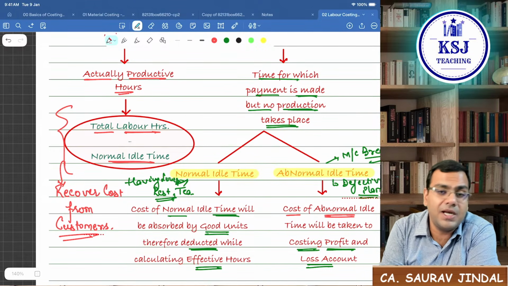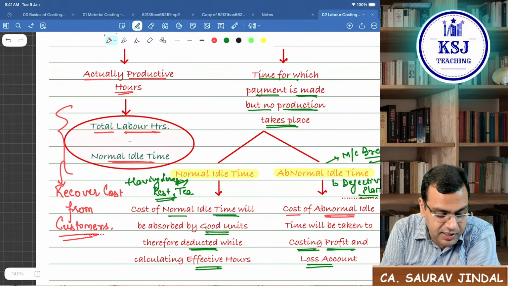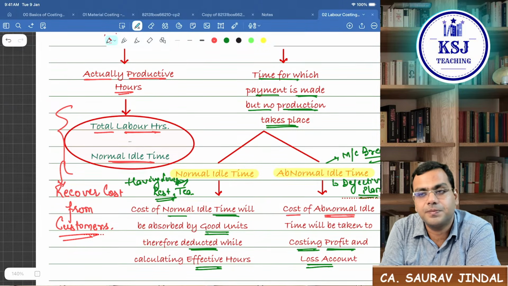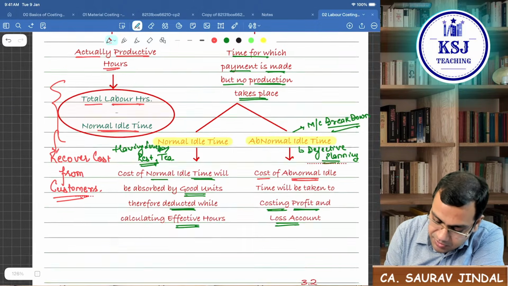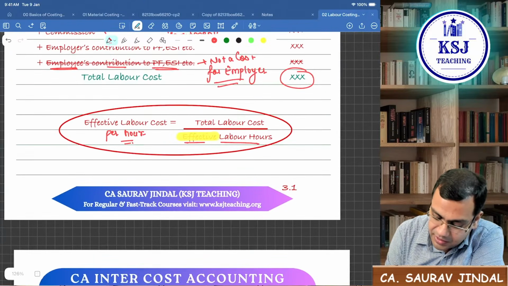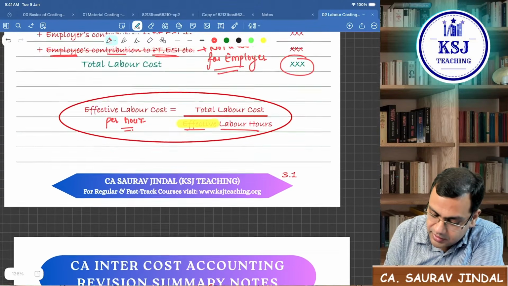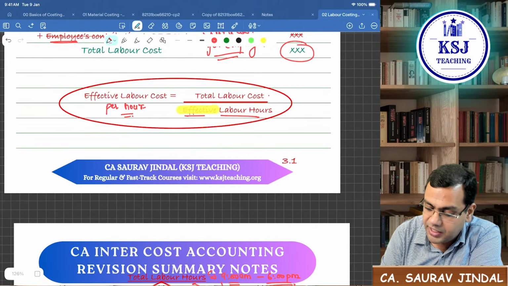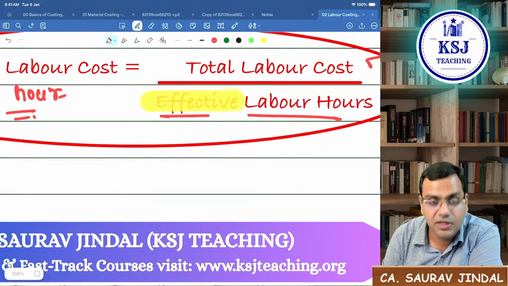This abnormal idle time cost is not to be recovered from the customers. Clear? This much part is clear. So effective labor cost per hour will be what? The effective labor cost per hour will be total labor cost divided by effective labor hours.